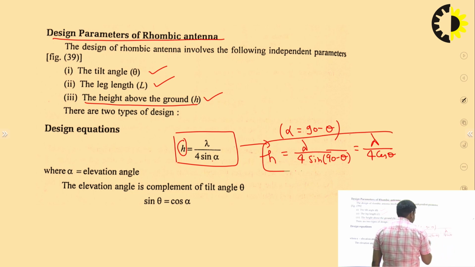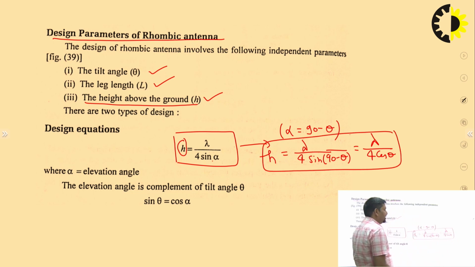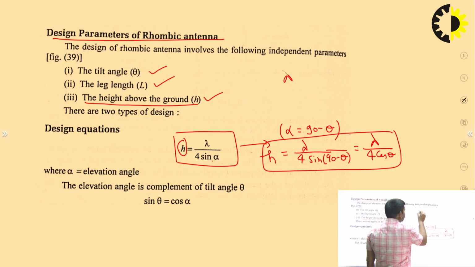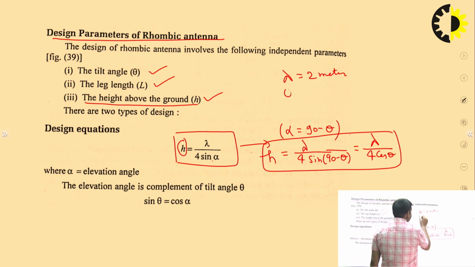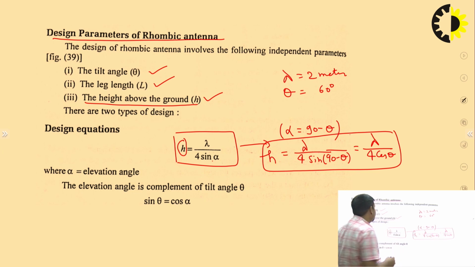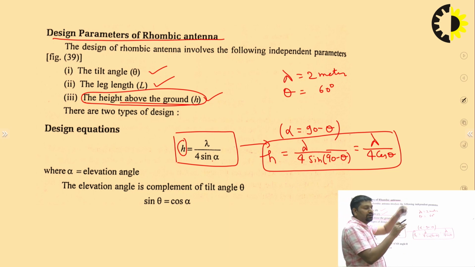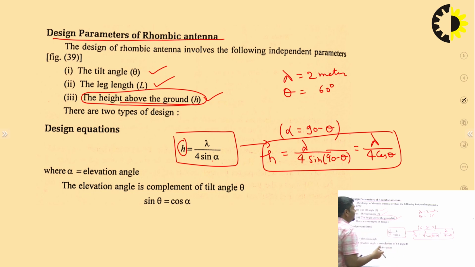Suppose we design a rhombic antenna for a wavelength of 2 meters, and the tilt angle theta is 60 degrees. What is the height h above the ground plane at which we have to install that V antenna or rhombic antenna?